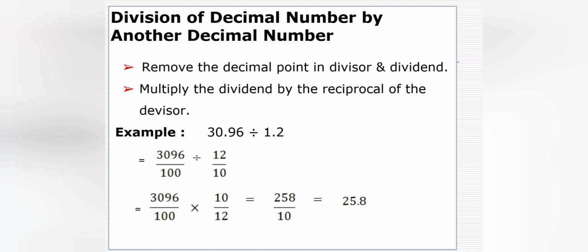So 3096 upon 100 multiplied by 10 upon 12 gives us 258 upon 10, and the answer is 25.8. So children, you have understood how to divide a decimal number by another decimal number.